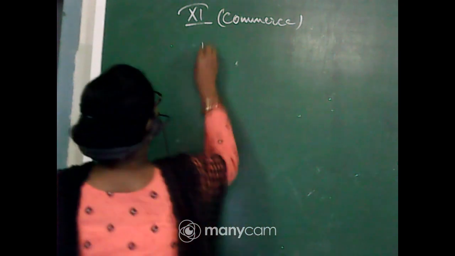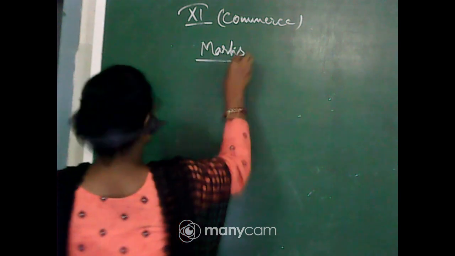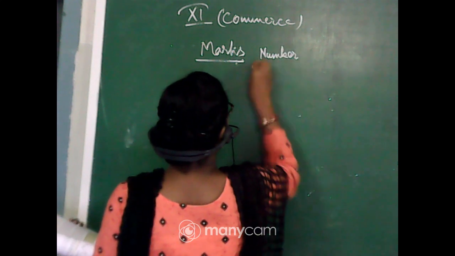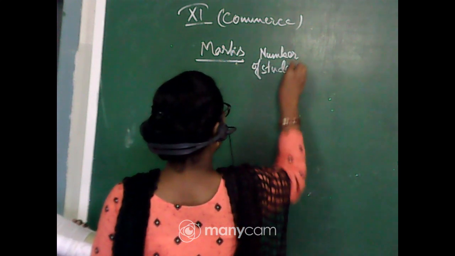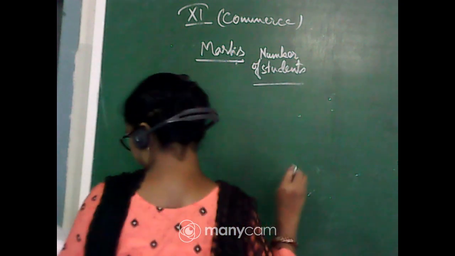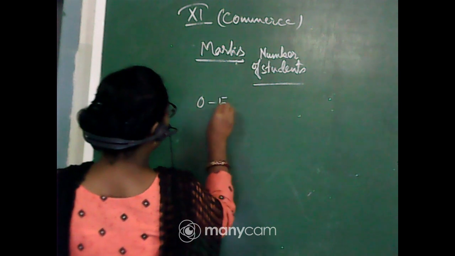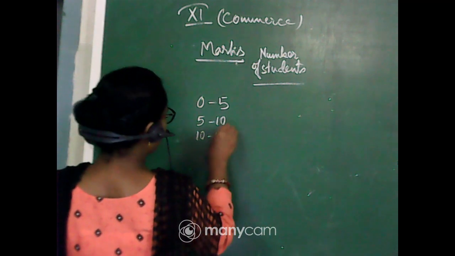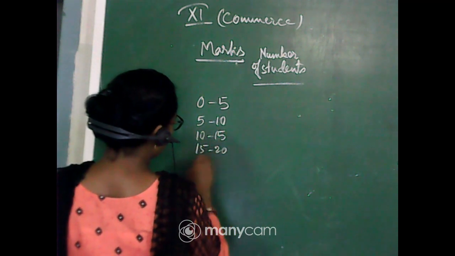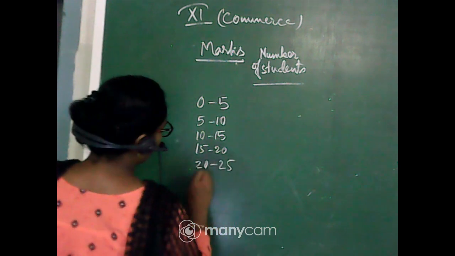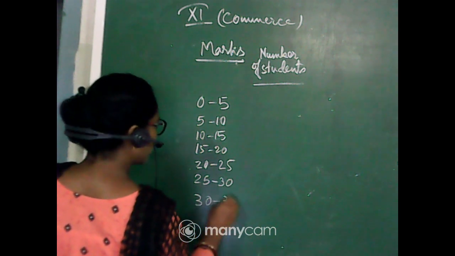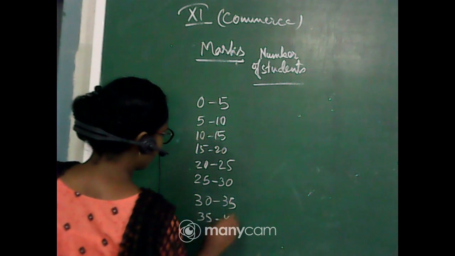See, marks and number of students given. 0 to 5, 5 to 10, 10 to 15, 15 to 20, 20 to 25, 25 to 30, 30 to 35, 35 to 40.